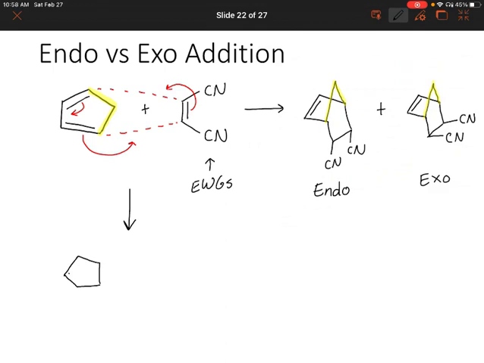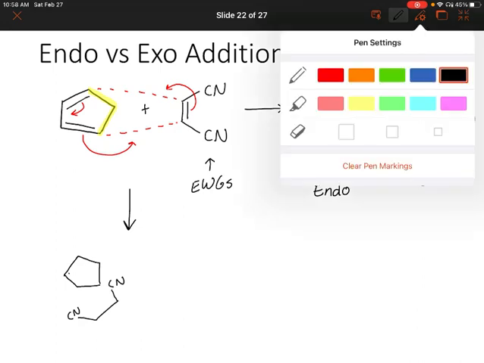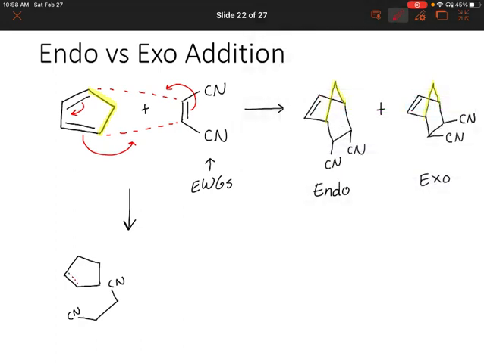Okay, so let's look at the endo scenario. In the endo scenario, the cyanide groups are actually going to face inward. So we've got our pi electrons delocalized around the diene, and then they start to make new bonds with the dienophile down below.